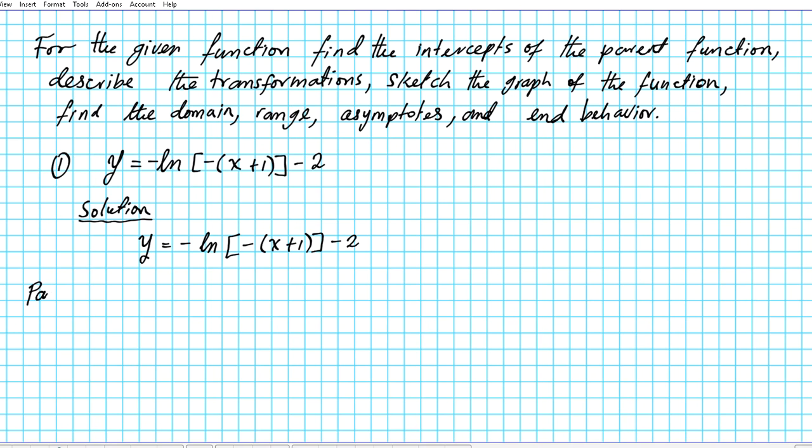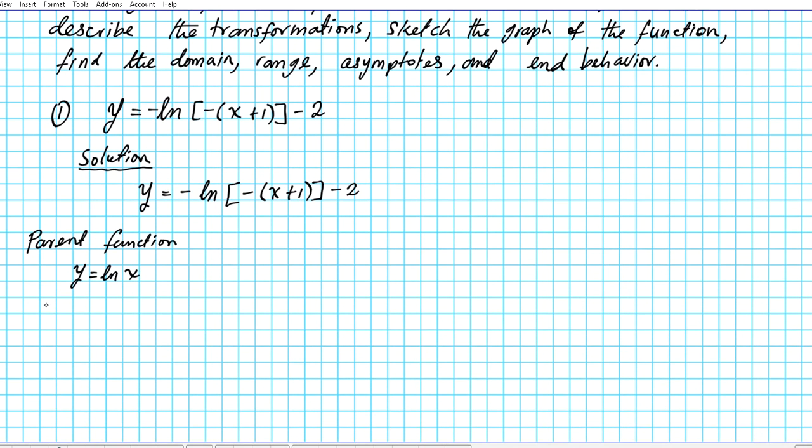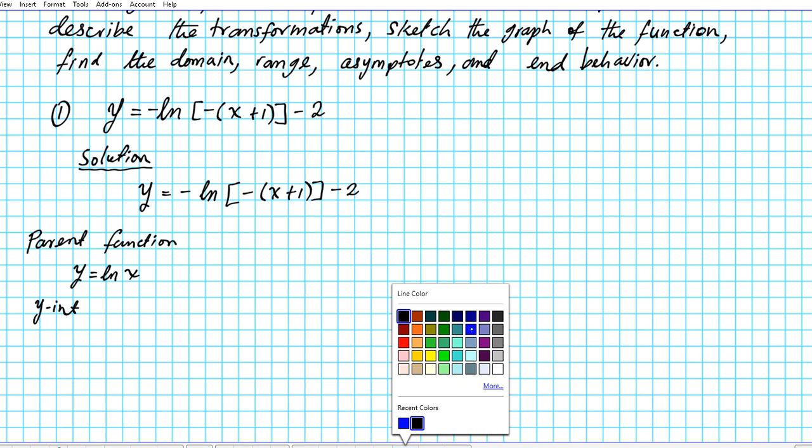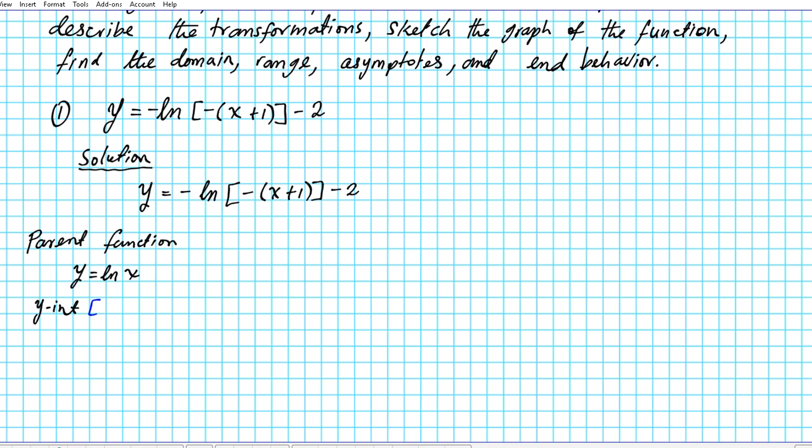The parent function for this will be y equals the natural logarithm of x. So let's find the intercepts. Let's look for the y-intercept first. To find the y-intercept, we are going to set x to 0 and solve that.